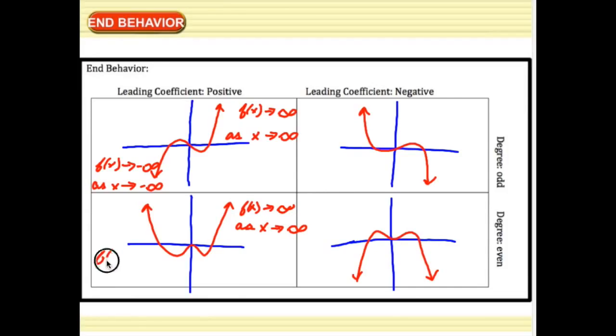Below, a positive coefficient with an even degree is going to give us a function that approaches infinity as x approaches infinity, and a function that approaches infinity as x approaches negative infinity. A leading coefficient that's negative with an odd degree: as x approaches negative infinity, the function approaches infinity, and vice versa.